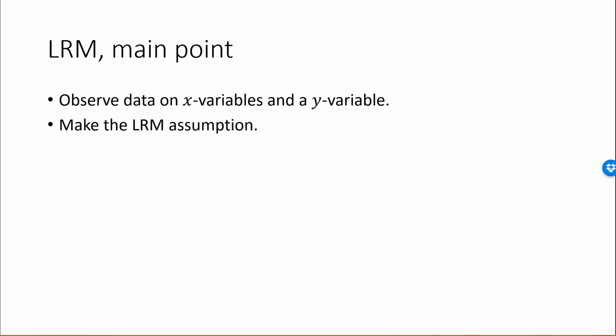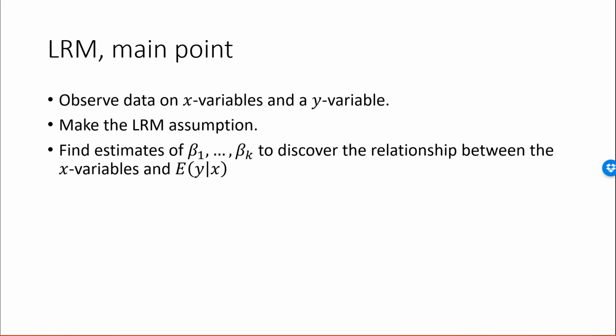But we do assume that the expected value of y given the x data is a linear function of this particular x data. That's built into the LRM. And the final step is then for us to make estimates of these betas, because the actual true values of beta have typically important meaning to us. We often really want to know these values for a lot of applied cases.